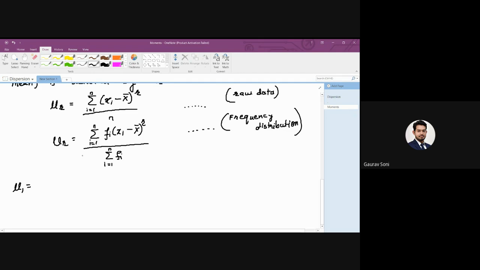Summation xi minus x bar by n, i running from 1 to n divided by n. Can you simplify this and tell me what will be the value?